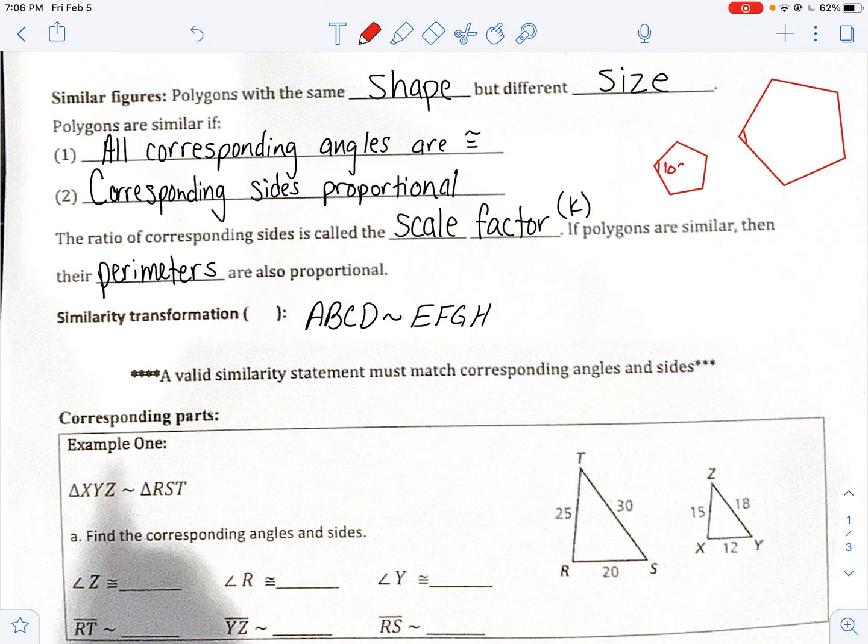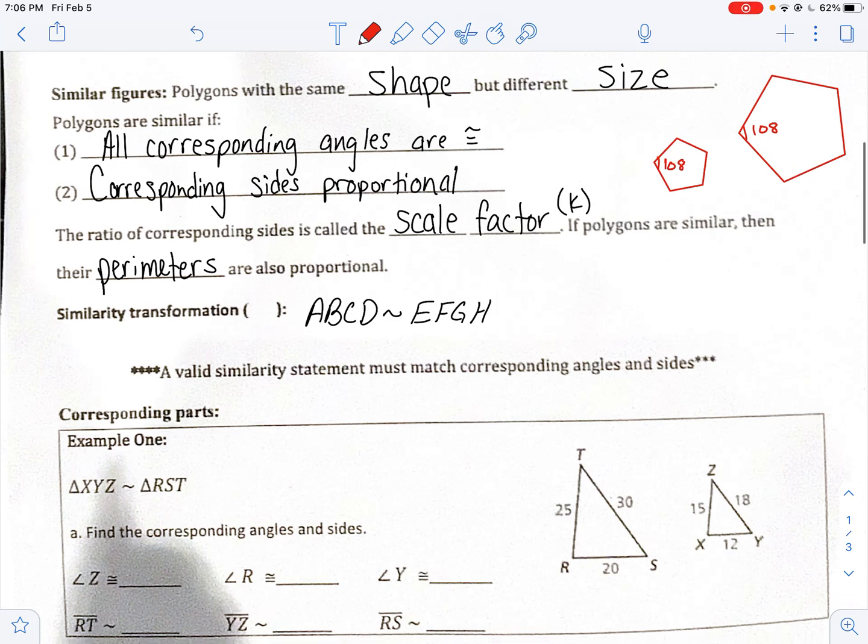If you look at these two regular pentagons, those corresponding angles are all going to be the same, but the sides are not going to be the same. They're going to be proportional. So I can multiply all the side lengths of one to get the same number as the other.